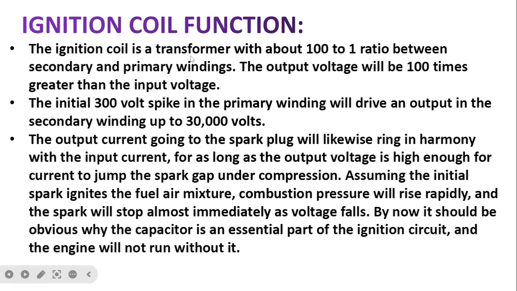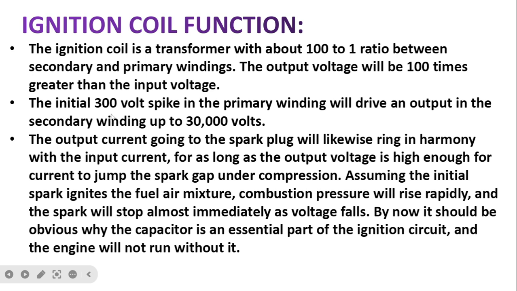The ignition coil is a transformer. We can say it works like a step-up transformer with about a 100:1 ratio between secondary and primary winding. The output voltage will be 100 times greater than the input voltage. We have provided a 12 volt battery supply, so the output will be 100 times the input voltage.